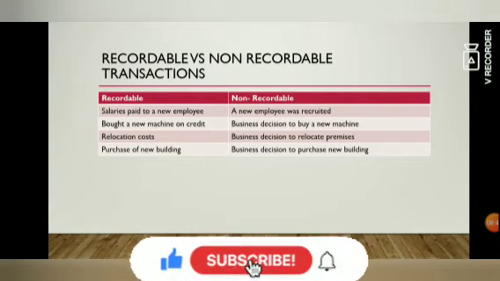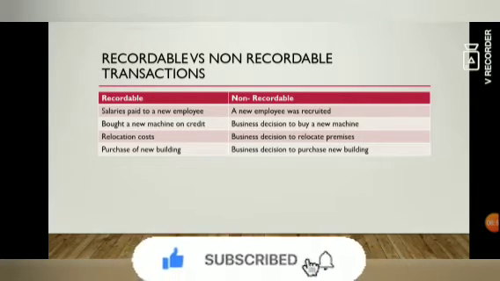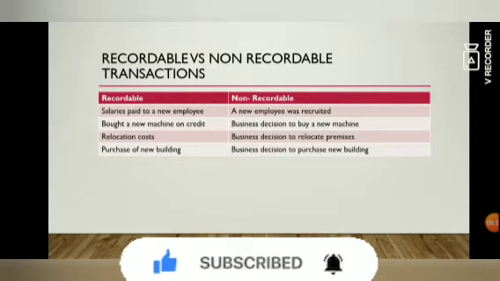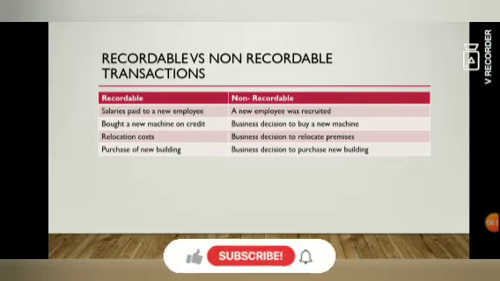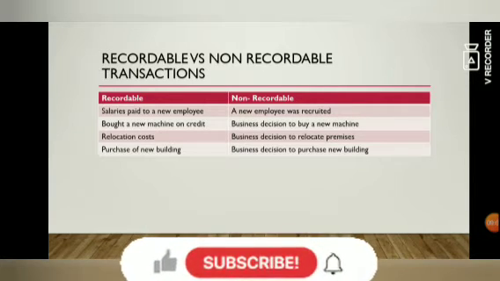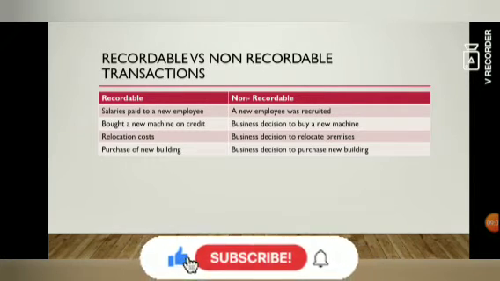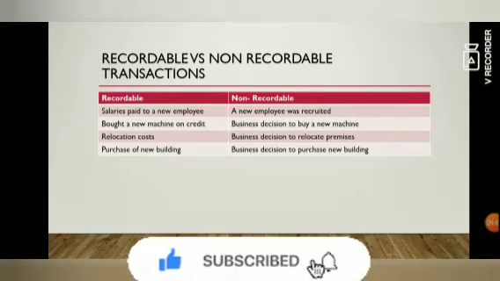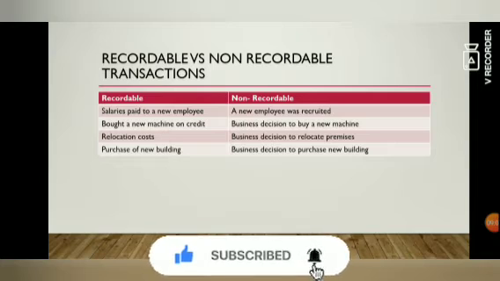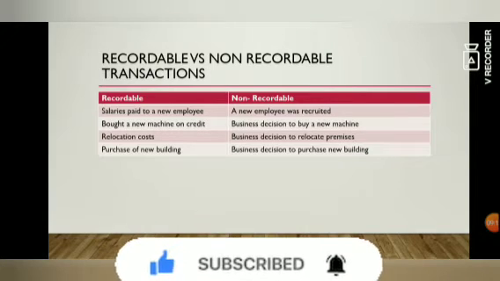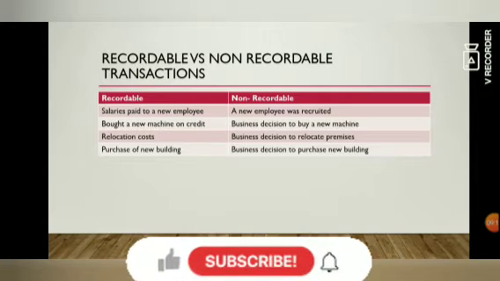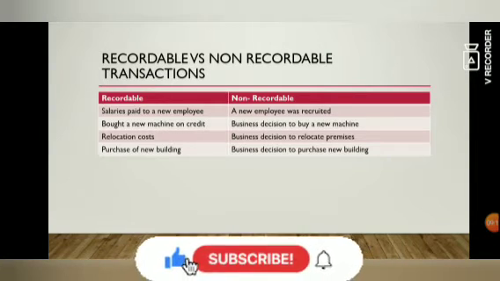I would love to see your answers in the comments, so that I can provide you feedback and tell you whether you have got this right, so that you know you've understood the process of accounting clearly.